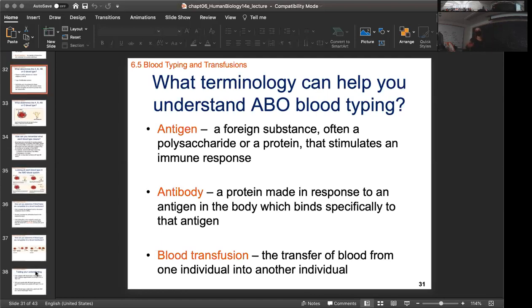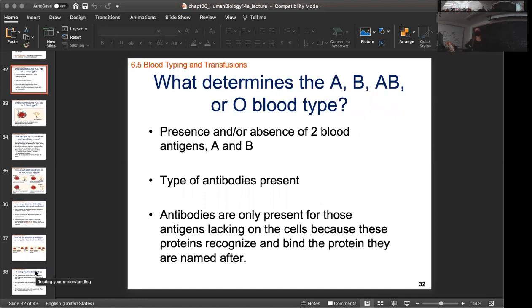Okay, so what determines the A, B, or O blood type is the presence or absence of the two antigens. You either have the A antigen, the B antigen, both, or neither. And it also depends on the type of antibodies present. You either have A antibodies, B antibodies, both, or no antibodies.